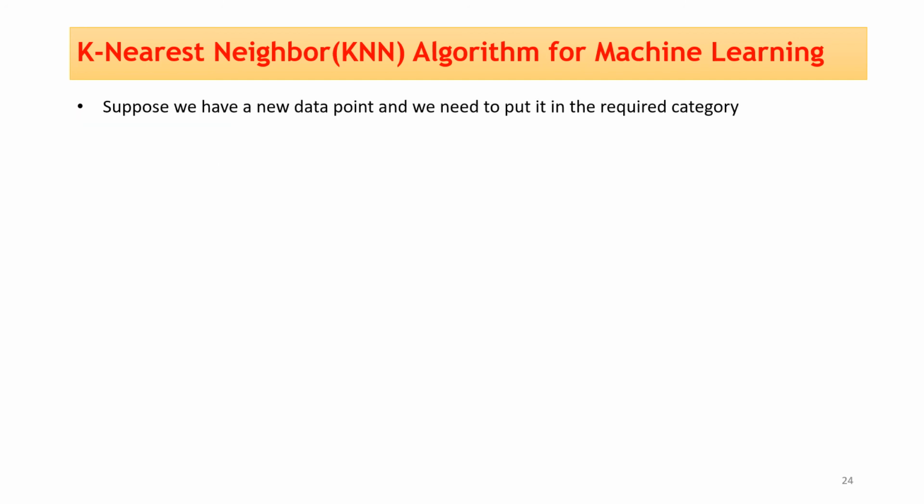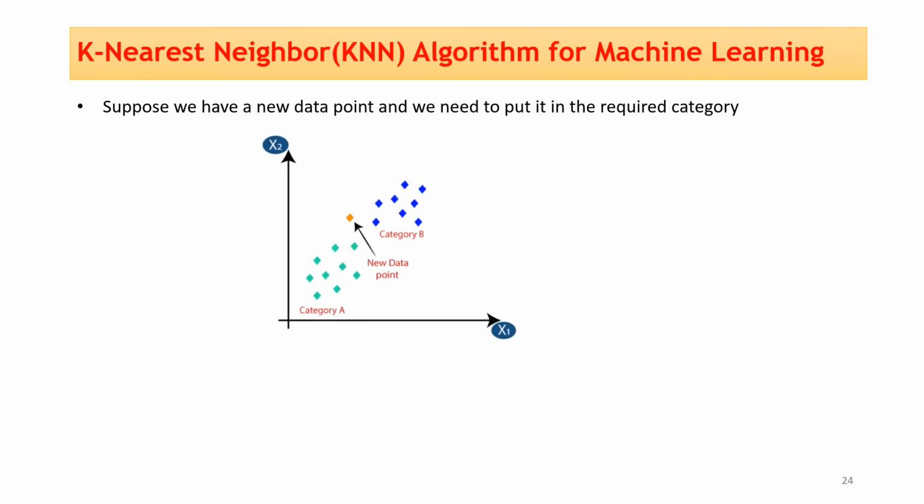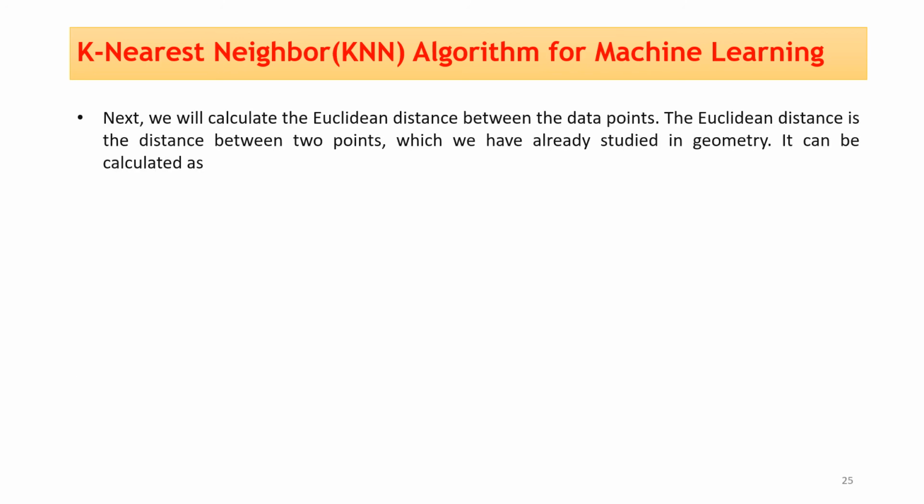Now suppose we have a new data point and we need to put it in the required category. Suppose the orange data indicates our new data, and we have to put that orange data into the required category. Firstly we will choose the number of neighbors, the value of k, which is suppose 5. Next, we will calculate the Euclidean distance between the data points.